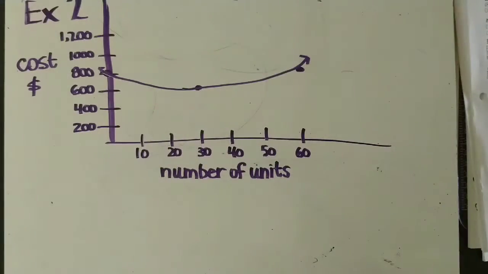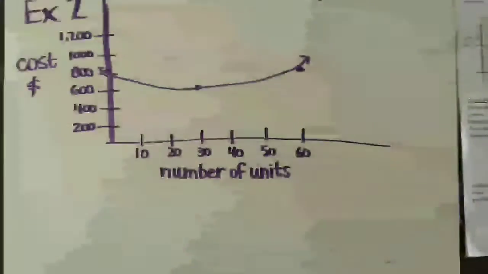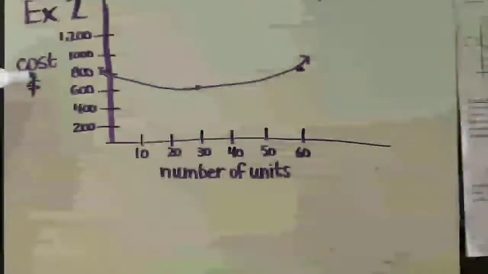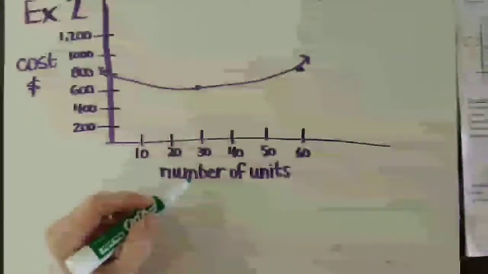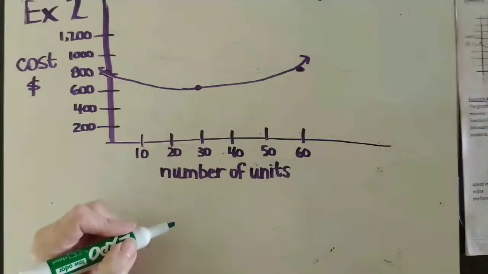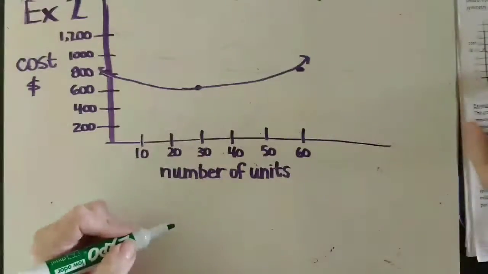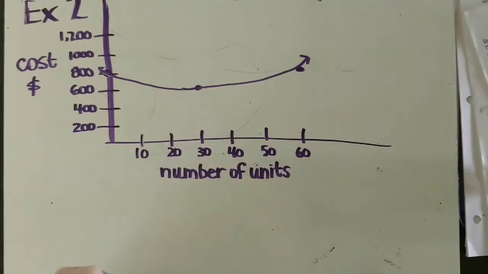Now let's look at example 2. Example 2 says the graph shows the cost Y to manufacture X units of a product. Describe and interpret any symmetry. So we are looking for symmetry, and by definition, line symmetry was a geometric property of a figure that can be folded and each half matches the other exactly.